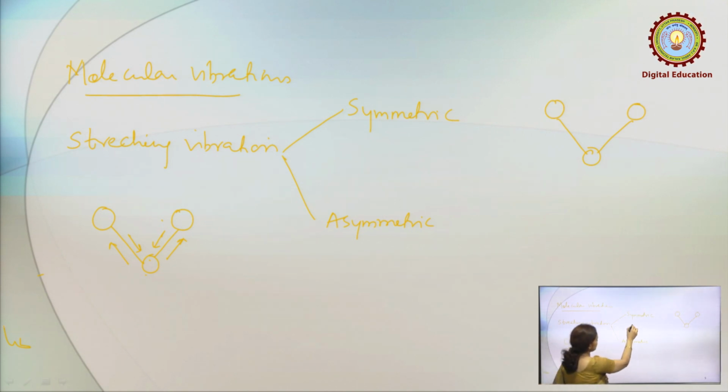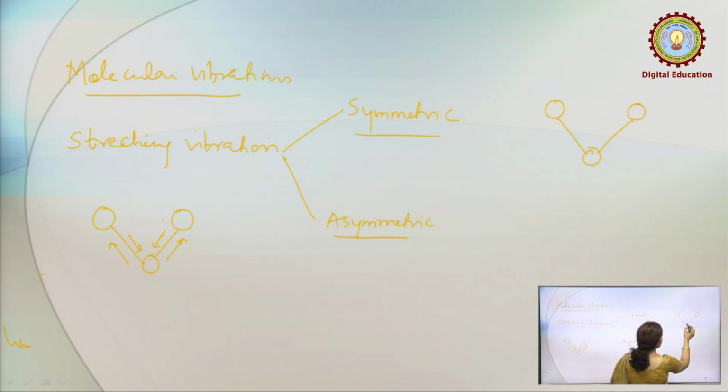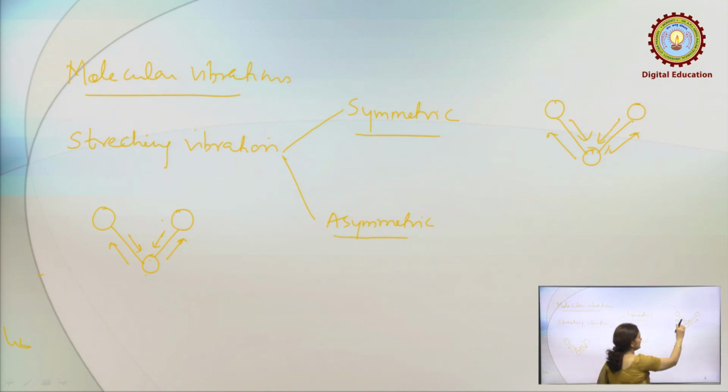We are going to discuss the types of stretching vibration, symmetric and asymmetric. In the case of symmetric vibration, two atoms with respect to the central atom either stretch or compress. It means either bond length increases or bond length decreases.